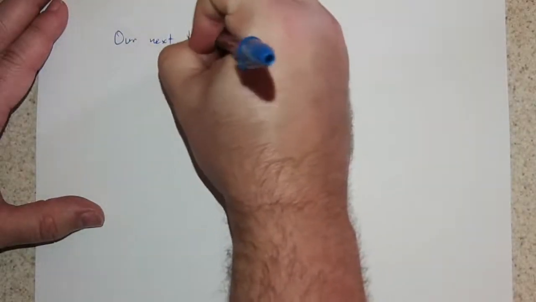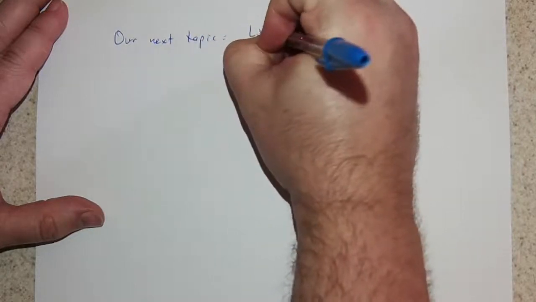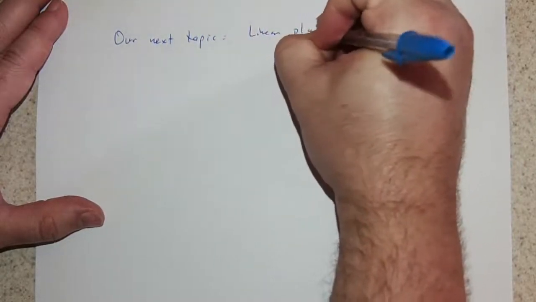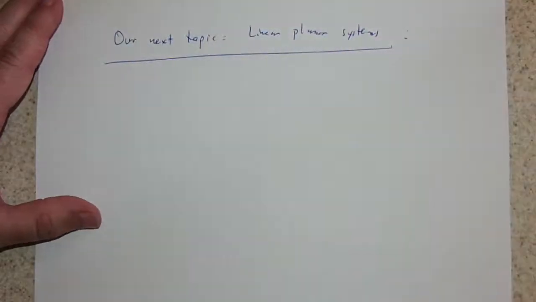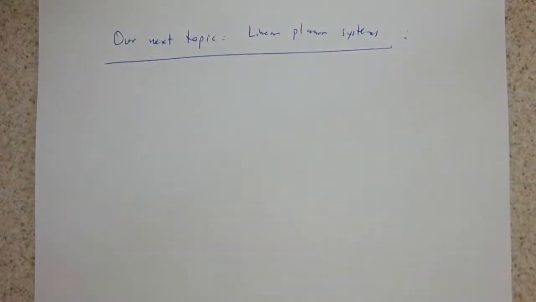Okay. Now, our next topic is linear planar systems, which is going to use what we just did, coming up with these general solutions by the methods of eigenvalues and eigenvectors, these eigenmethods, to actually analyze what these solutions are doing, right? So what is the idea here?